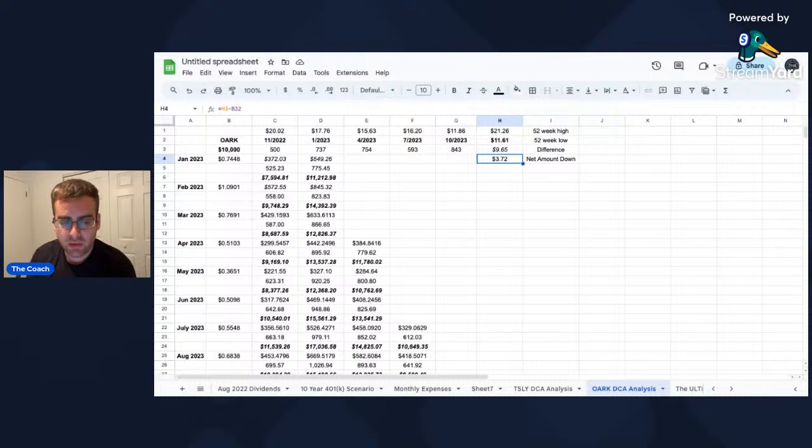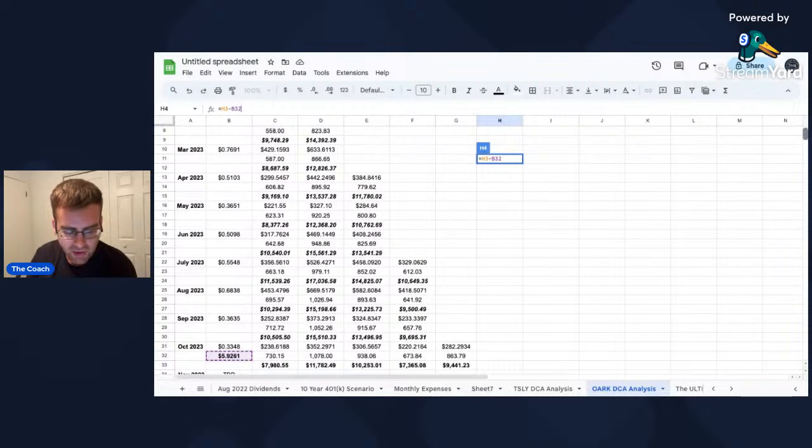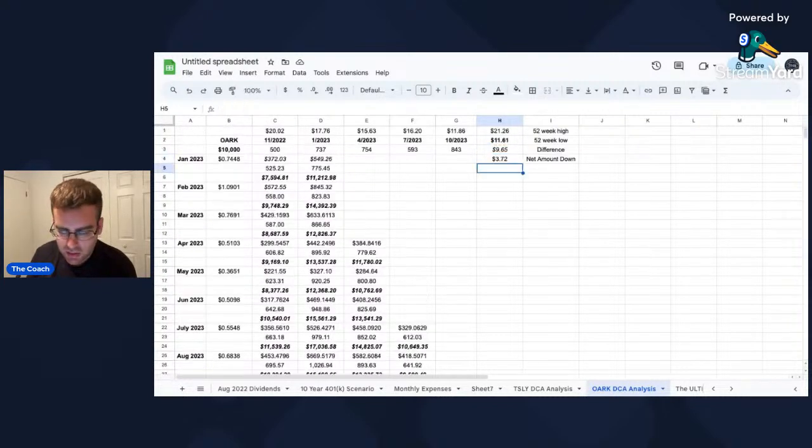Now the net amount, and I like this because all these calculations were pretty much the same, is H3 minus B32, the cumulative dividend, which is $5.92 paid year to date, because it didn't start paying dividends until January.